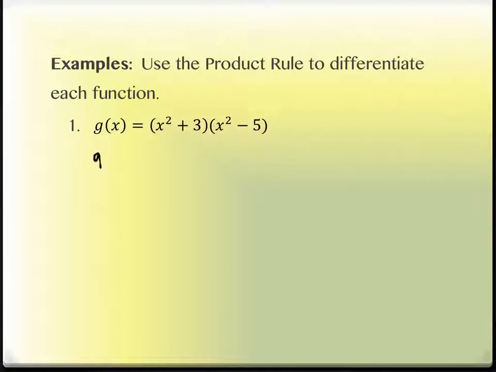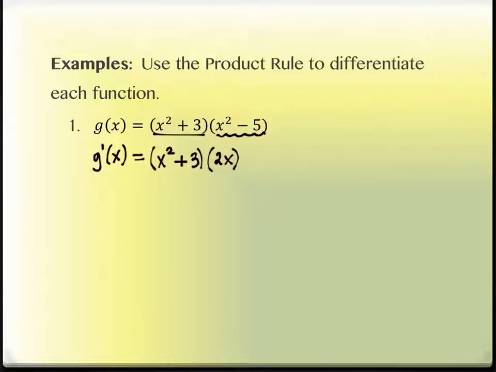So the product rule says that I take the first function and I rewrite it. And then I take the second function's derivative. So what's the derivative of x squared? 2x. And the derivative of the negative 5? 0.